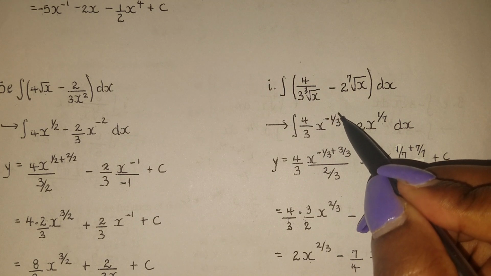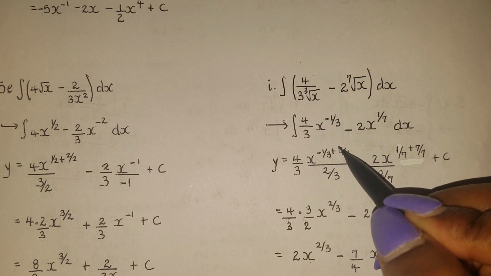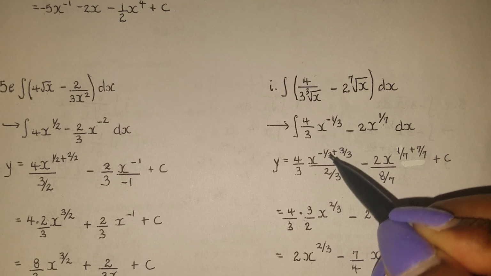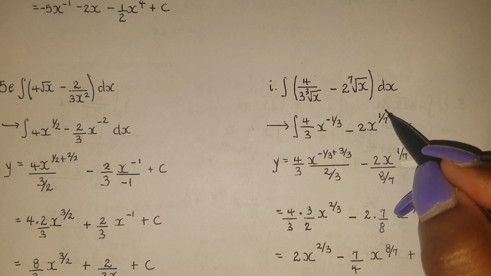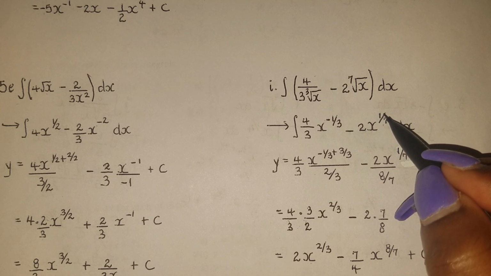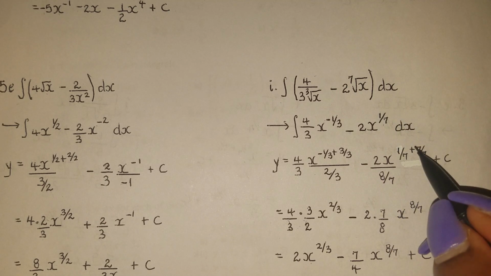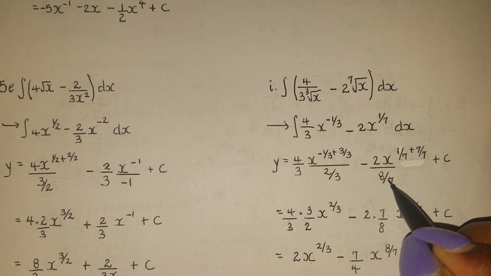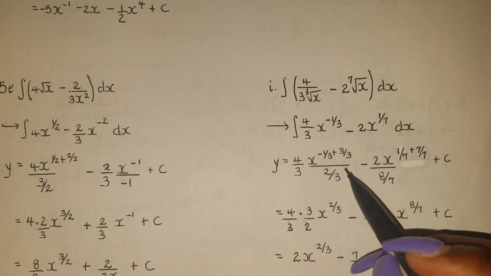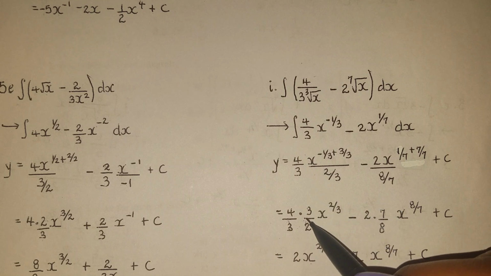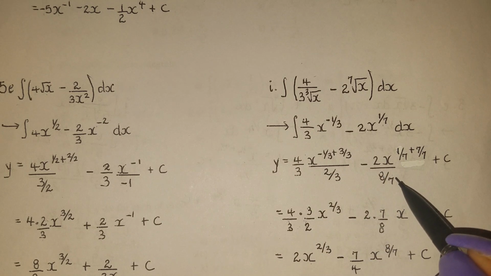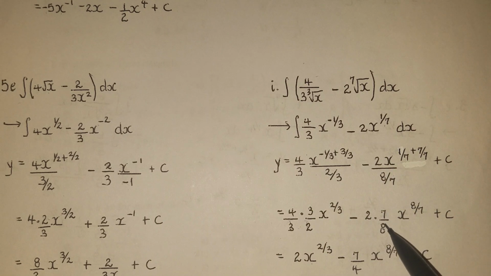If I add 1 to a negative third, I get 2 over 3, and I divide by that 2 over 3. If I add 1 to 1 over 7, I will get 8 over 7, and I divide by that 8 over 7. So now when we simplify, this 2 over 3 gets brought up as 3 over 2, and this 8 over 7 gets brought up as 7 over 8.